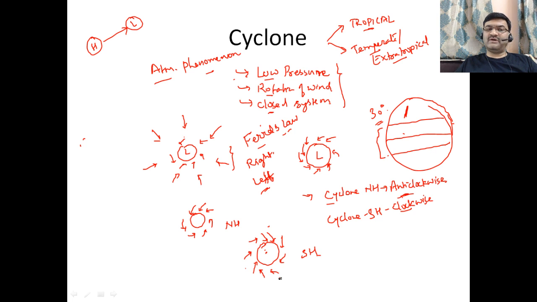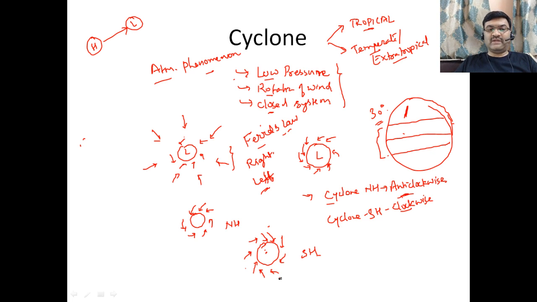The reason is obviously the rotation of the earth. Coriolis force is a pseudo force. If you go to the physics dimension of the Coriolis force, you will find that because Earth is rotating, any freely moving object on the surface of the earth is going to get deflected from its path. So that is the application from the physics segment. Here you just use this Coriolis force to get the concept of cyclone.